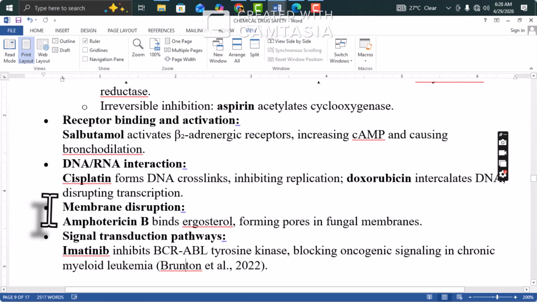Next, membrane disruption. This is very common. And here, a very good example will be some antibiotics, antifungal medicine. Even your penicillin, amoxicillin, that is how they work. For penicillin and amoxicillin, they stop the bacteria from repairing its walls.